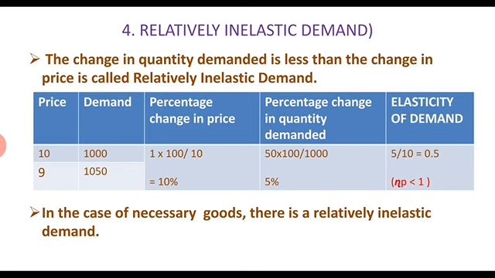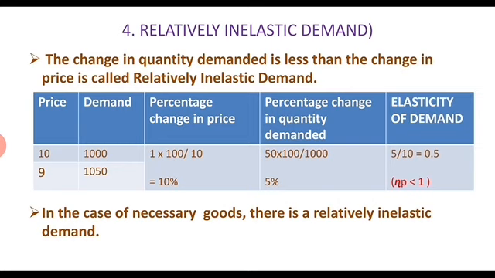Here, the percentage change in quantity demanded is less than the percentage change in price. Here, elasticity of demand is equal to 5 by 10, which is 0.5. So, in relatively inelastic demand, eta p is less than 1.